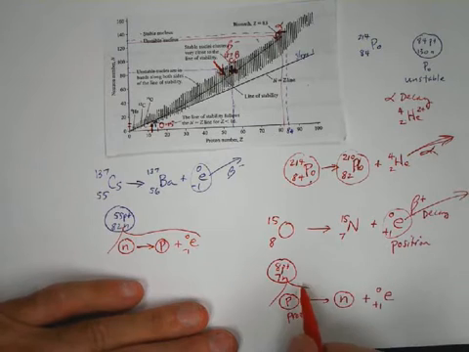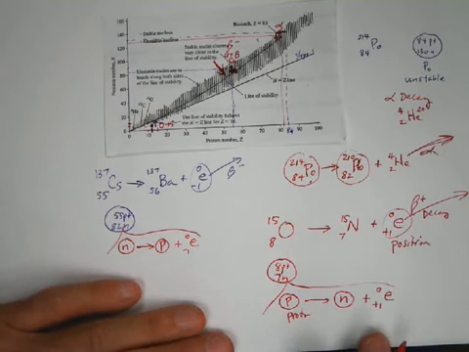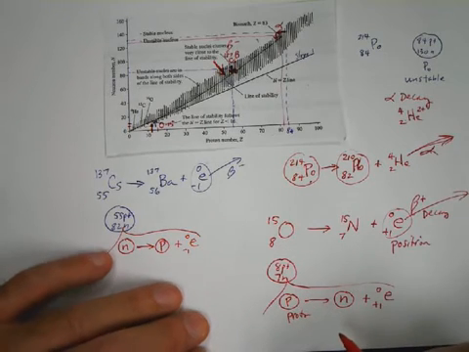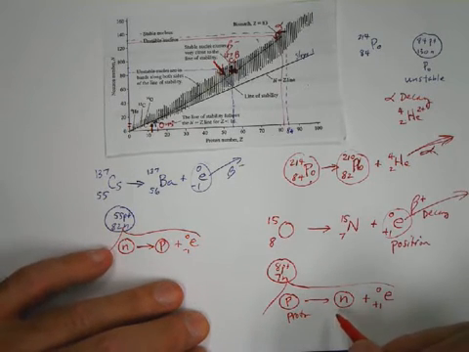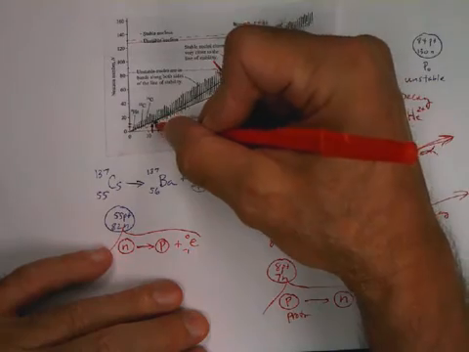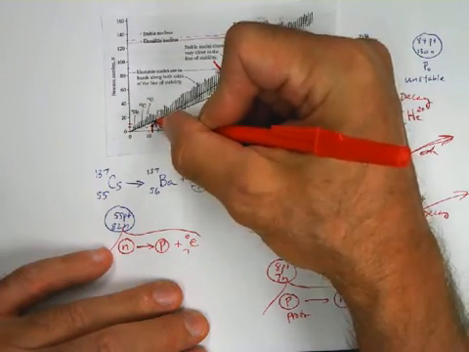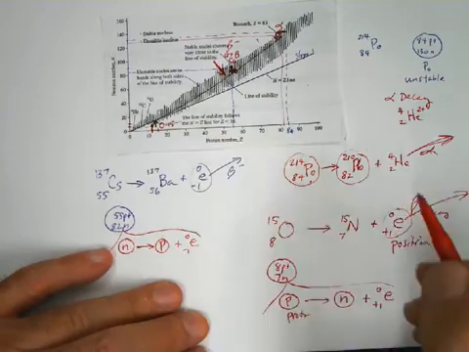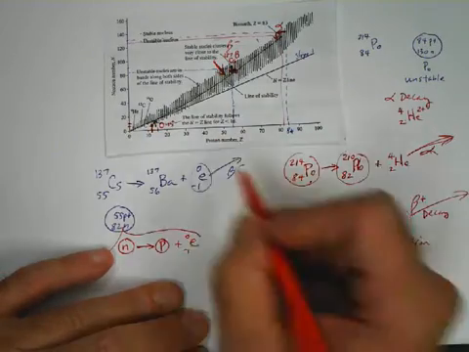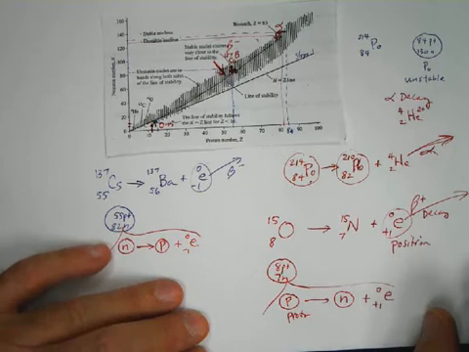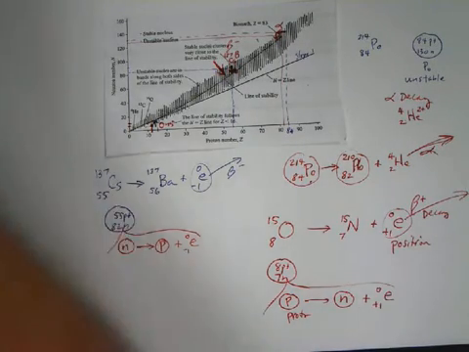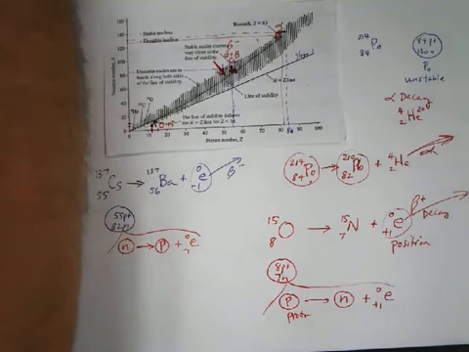We're increasing the number of neutrons by 1, and that means that we go up vertically in the graph from where oxygen 15 is to where nitrogen 15 is, and that gets us back onto the nice stable band. Okay? So that's how that works.